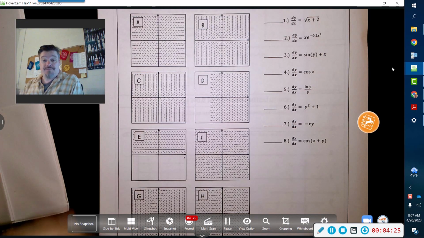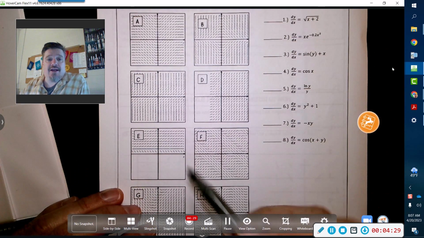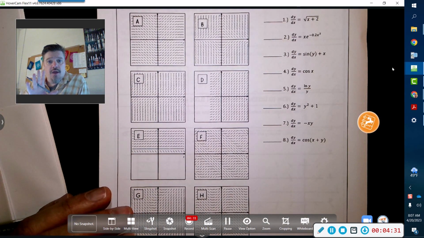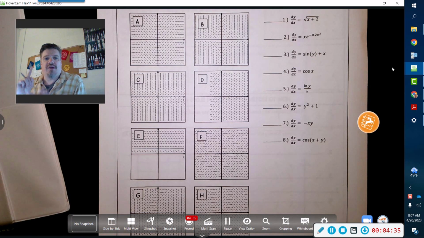So I'm going to go through here and look for the ones that are going to have DNEs, that just will not exist. I'm looking for: I can't have logs of negative numbers. I can't take the square root of negative numbers. And that's kind of it. Those are the ones that stick out.